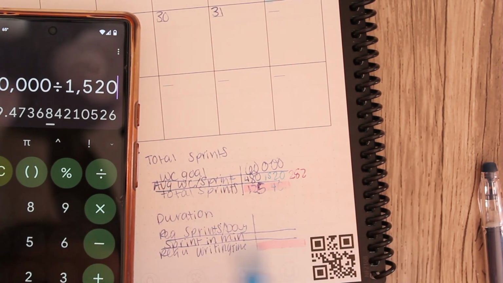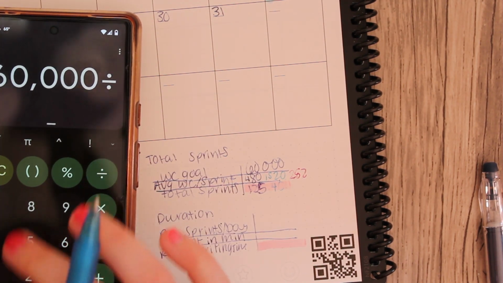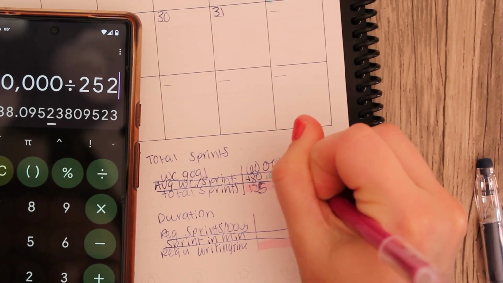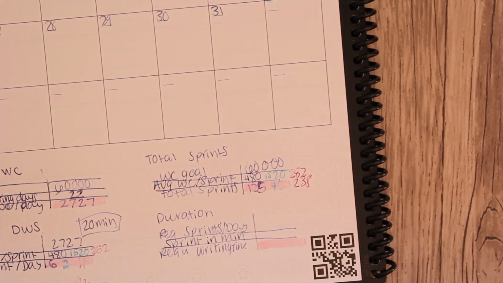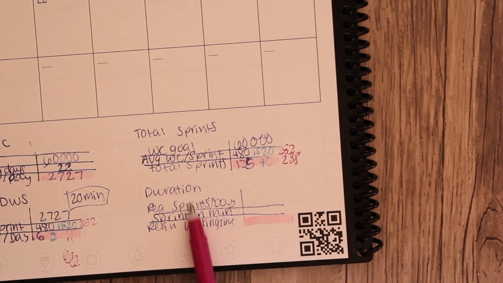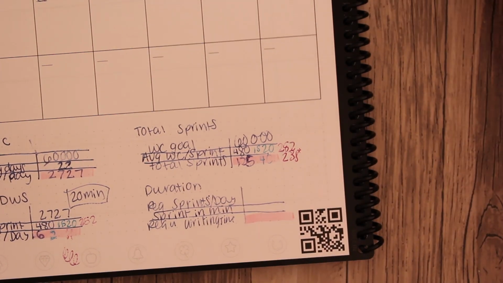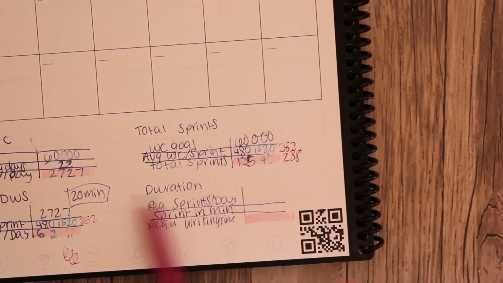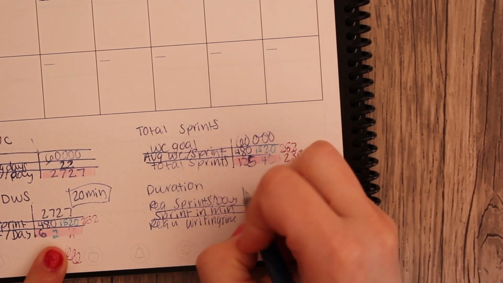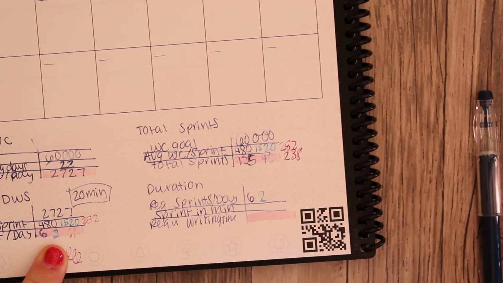Mm, 40. And 238. Okay, now our last bit is the duration. So we are going the required sprints per day, which is our 6, 2, and 11. 6, 2, and 11.